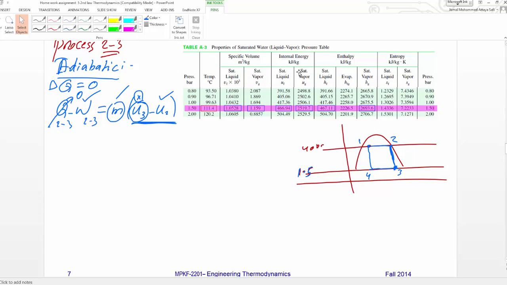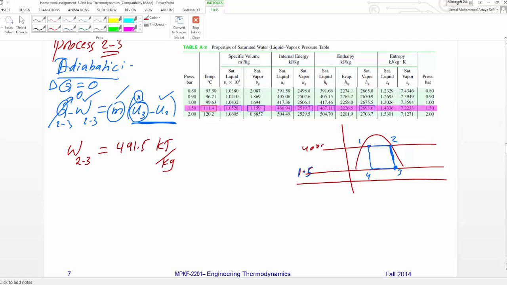So we come here, and if we put it in, so this work, remember, if I need to find this, it's given as 491.5 kilojoule per kilogram.